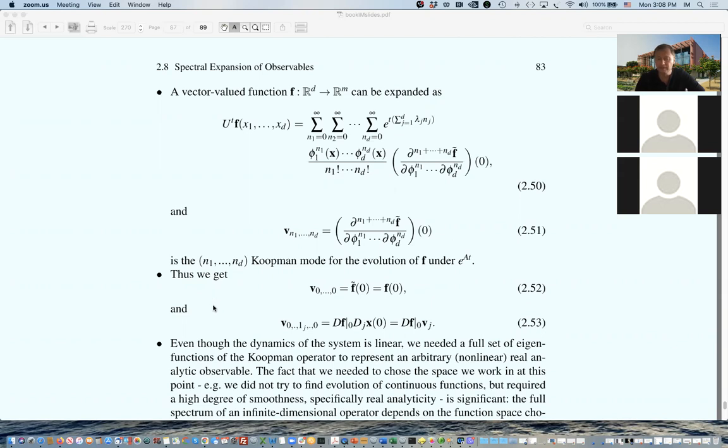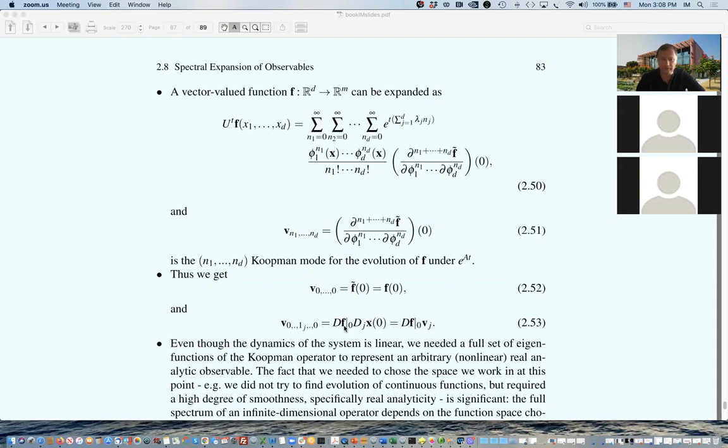If instead of 0, 0, 0, we put a 1 at the jth position of this index, then we're going to get df of 0, djx of 0. And this, I proved previously, is just vj, the eigenvector itself, right?